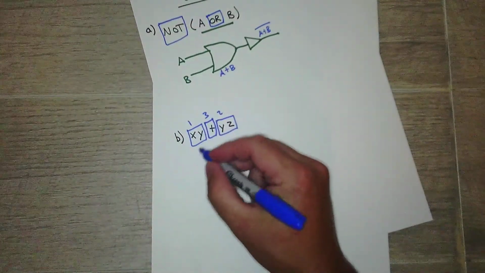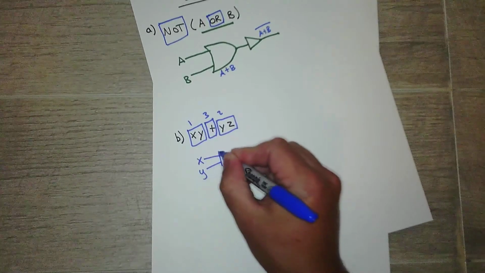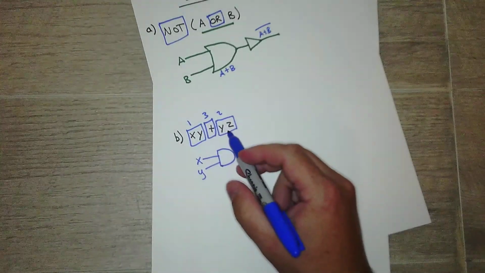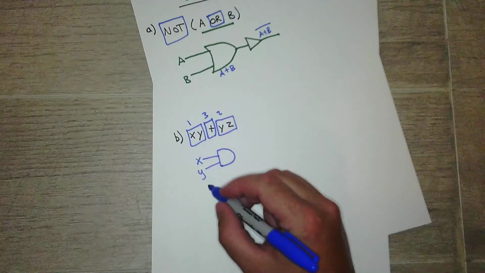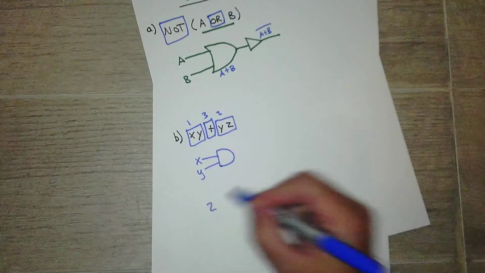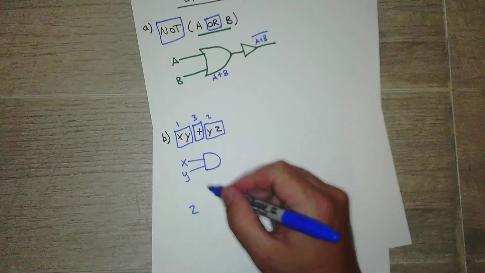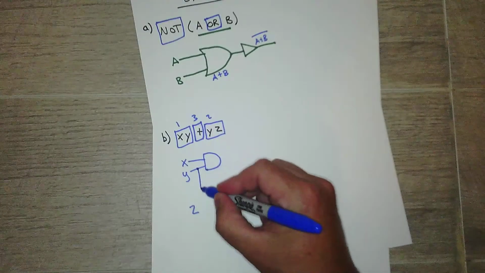Okay, so my first gate is an AND with an X and Y input. My second one is an AND with a Y and Z input. There's a couple ways you can do these. You can go ahead and draw another Y here and have them both run through it, or you could do something like this.